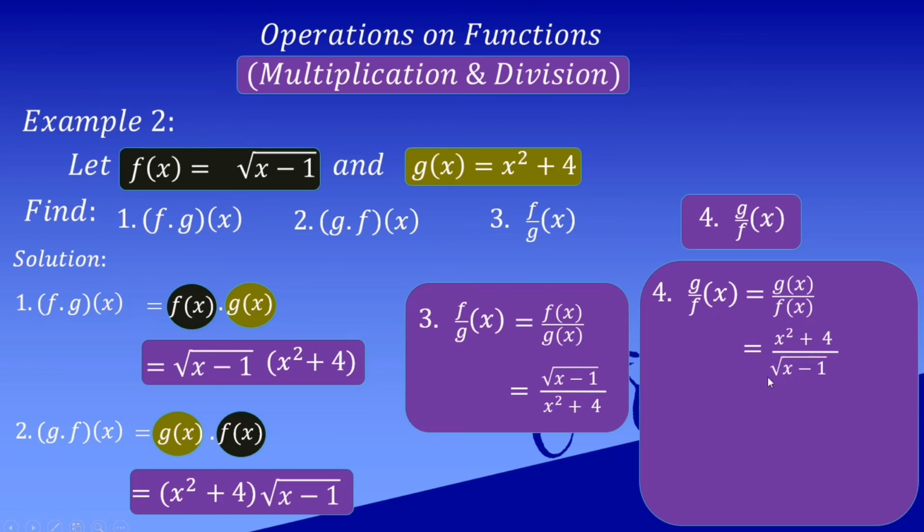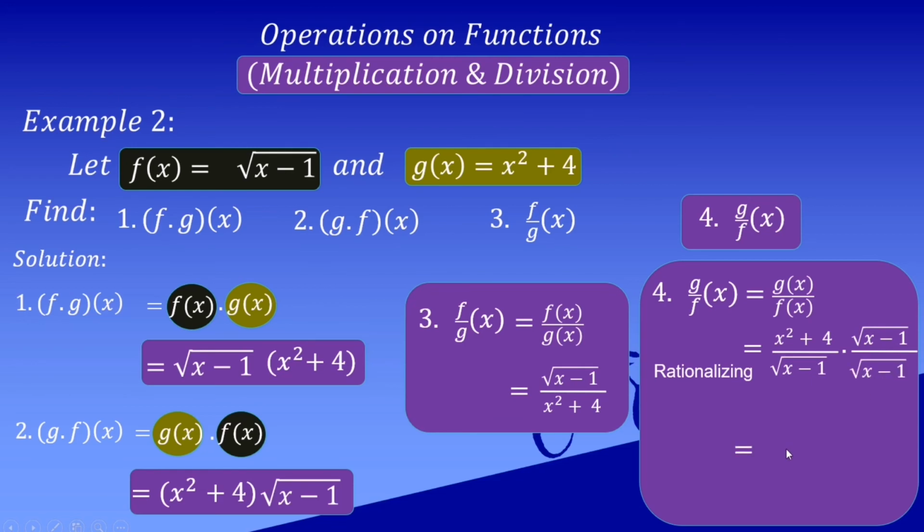Our rule in division is that there should be no radical sign in the denominator, so we are going to rationalize the denominator. How? Just copy the denominator, the square root of x minus 1, to rationalize this fraction. So we copy the square root of x minus 1 over the square root of x minus 1.